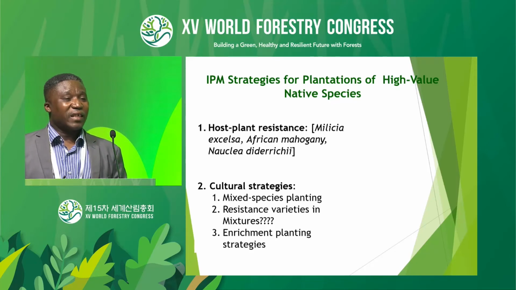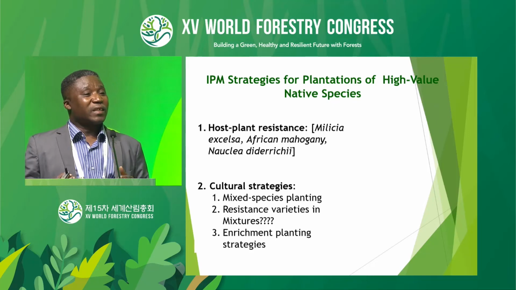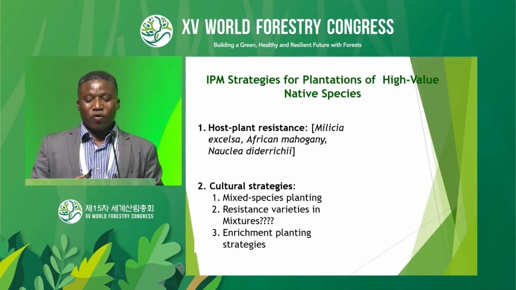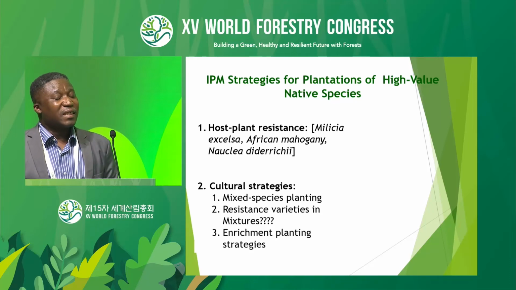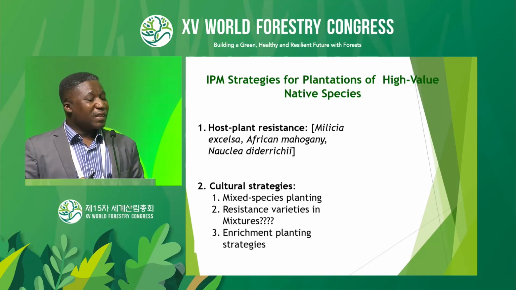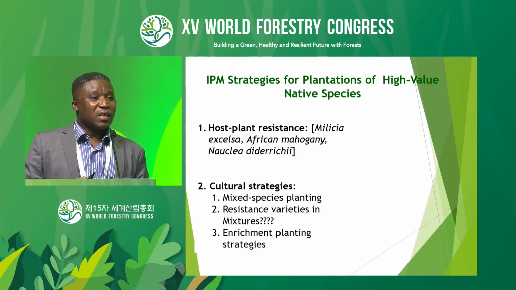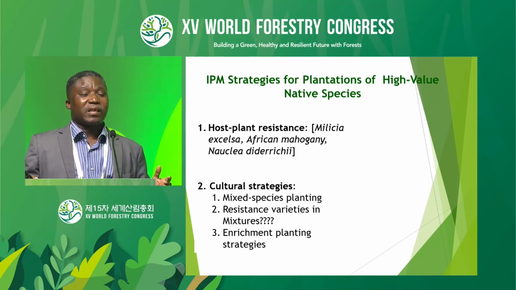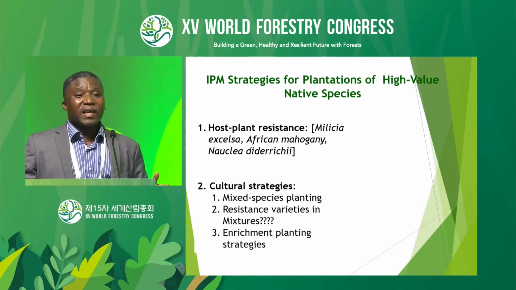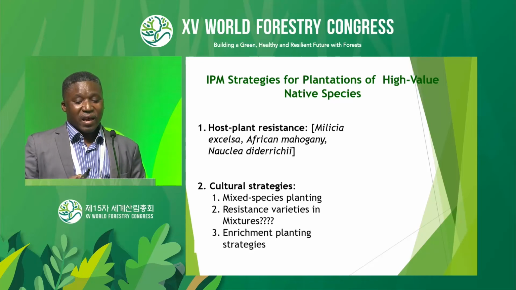The next strategy, if you remember the disease triangle, is the cultural strategies that we have used. For cultural strategies, we have used a mixed species planting approach. We realized that the native or indigenous species, by their nature, in the natural forest with high diversity, are able to stand against massive or dangerous pest damage.